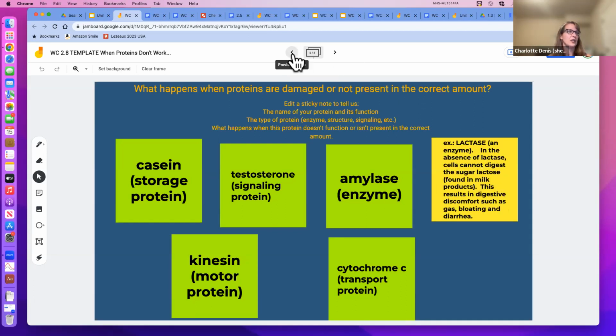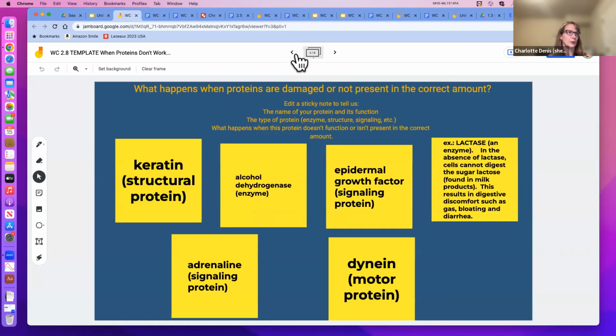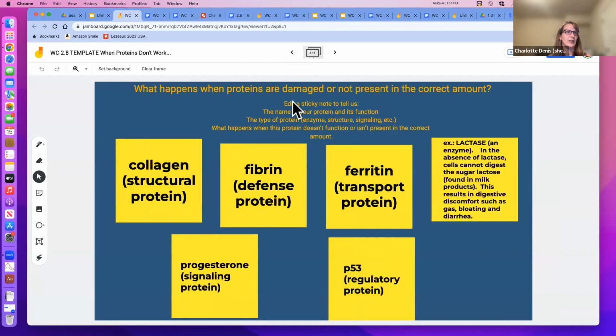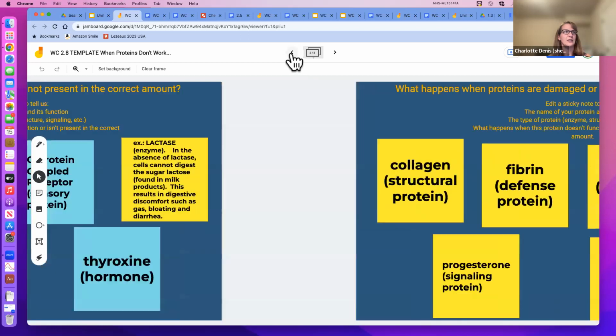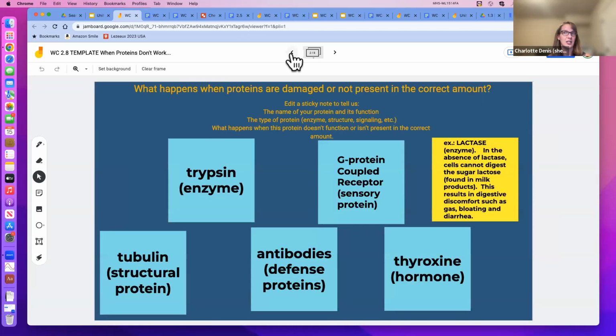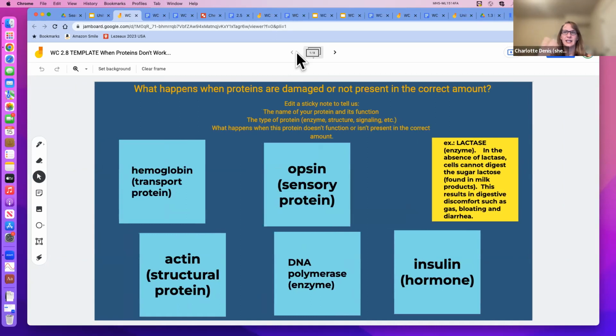Then each student researches one of these proteins, chooses one sticky note, and tells us what happens when the gene has a mutation in it, resulting in a misfunction or malfunction of the protein. So it's another way to come back to the idea of students realizing that these are problems that could happen across the metabolism.